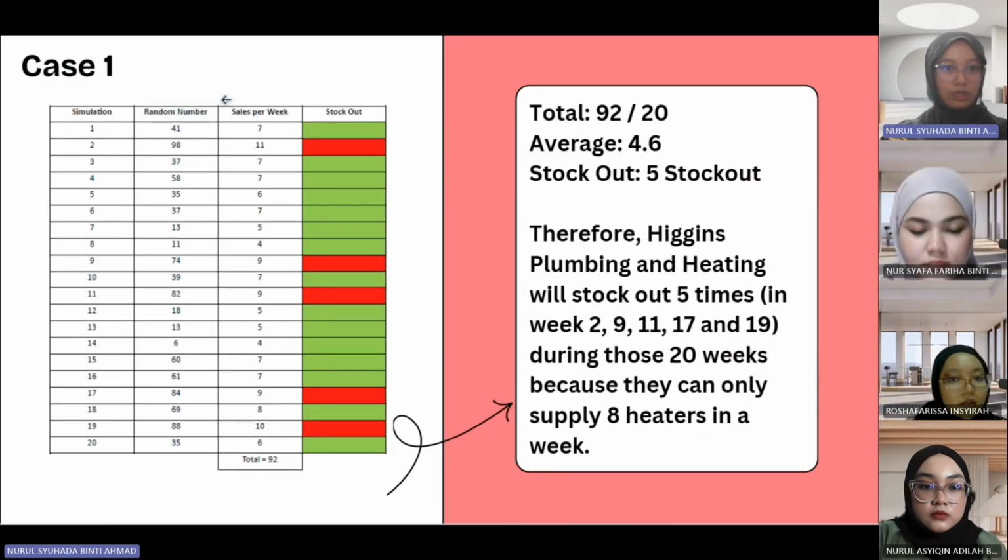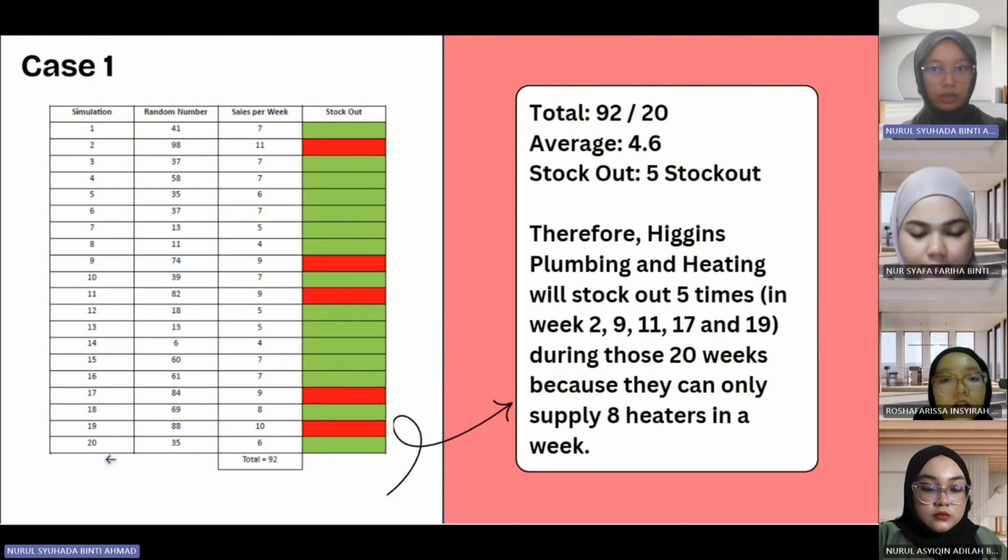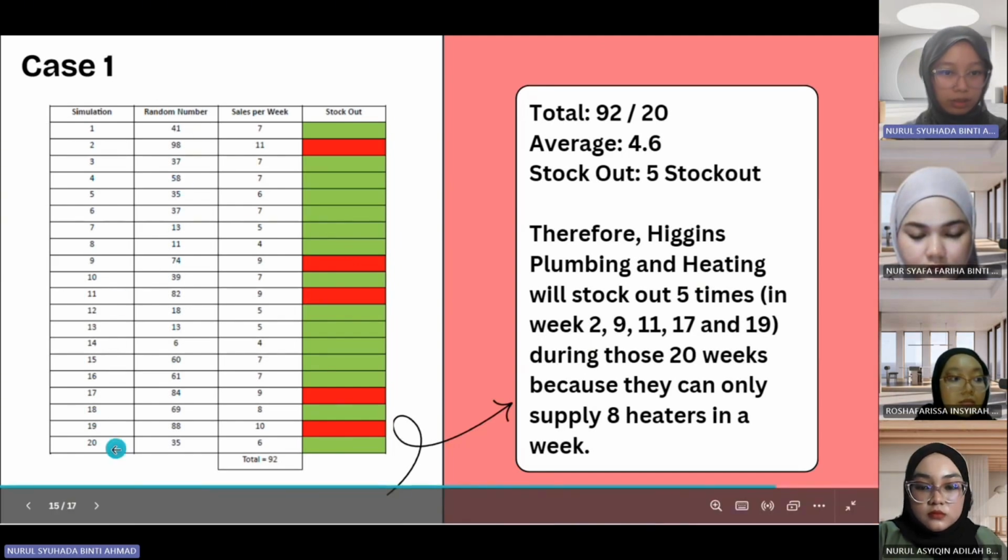After we construct the simulation table and generate the random numbers, we go on to create case 1. Here is week 1 until week 20, as the question asks. Then these are the random numbers that we generated from Excel.